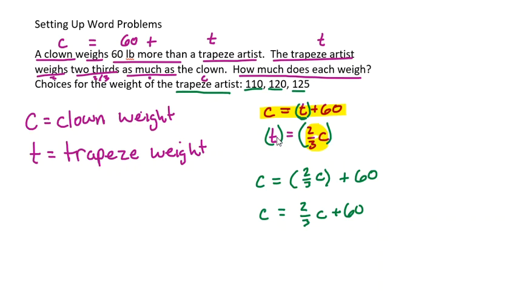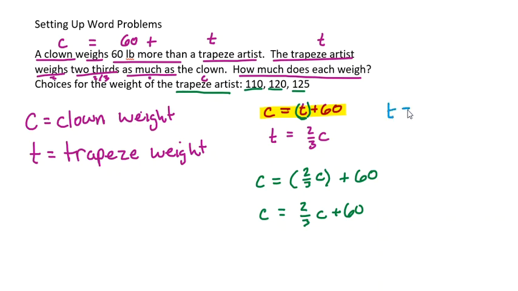I have to do it the other way around. I know what t is, so I'm going to replace the c in that first equation with some expression in terms of t. So let's do that. There we go. So let's write the second equation.